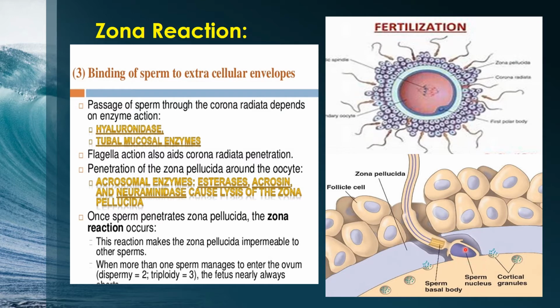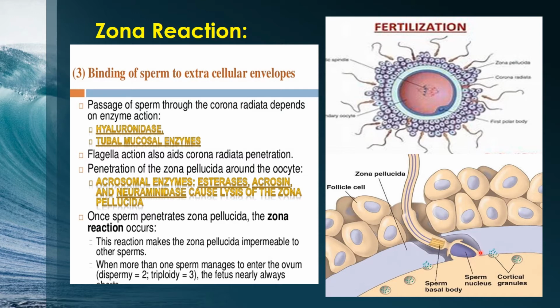Once these enzymes are released into the perivitelline space, they change the permeability of the zona pellucida layer, and it becomes impermeable to the millions of sperm which are surrounding it. So only one sperm is allowed to enter into the plasma membrane.